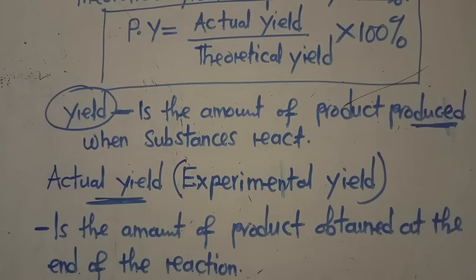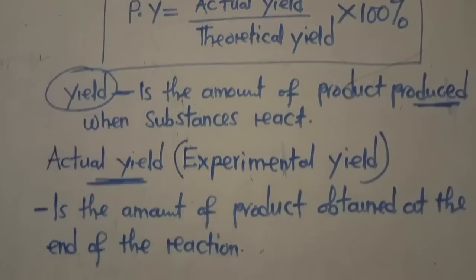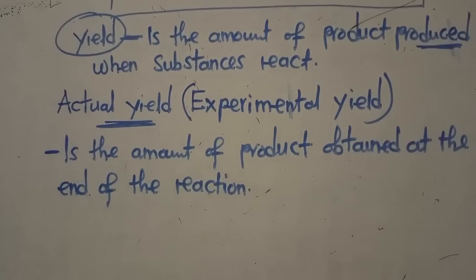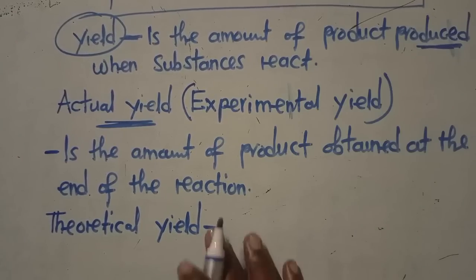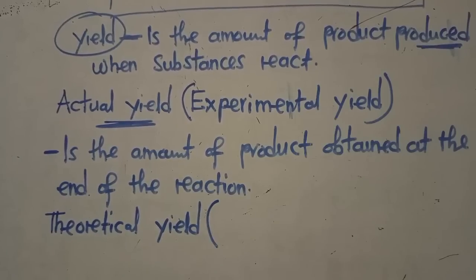When we go to theoretical, this is the calculated one, whereas the actual one is more like the given one. For you to understand this very well, we can also call the theoretical yield the expected yield.